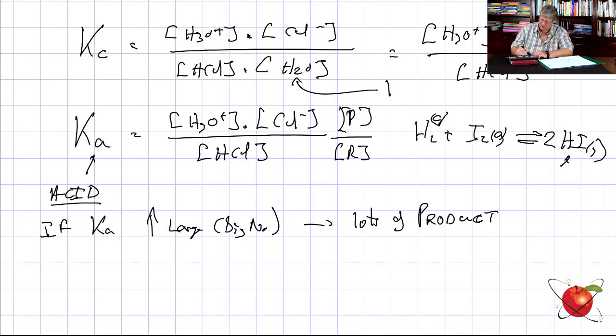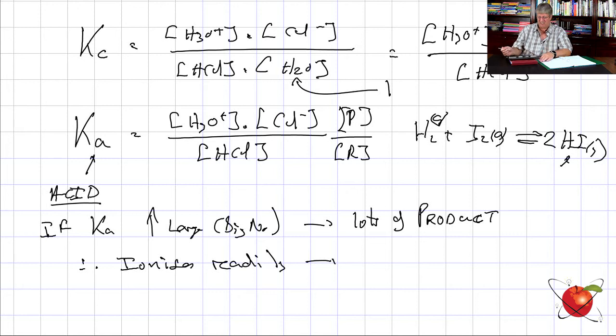Lots of product, therefore it ionizes readily. This is a critical portion for acids and bases coming, because it's got to do with pH, which is what we're going to be talking about in this section on acids and bases. So it ionizes readily.